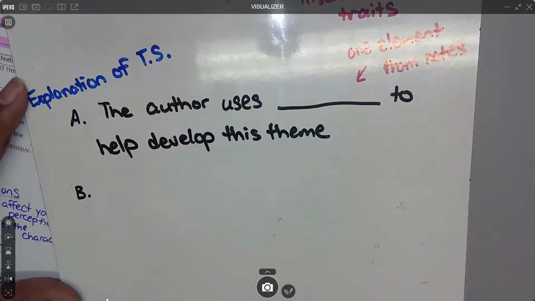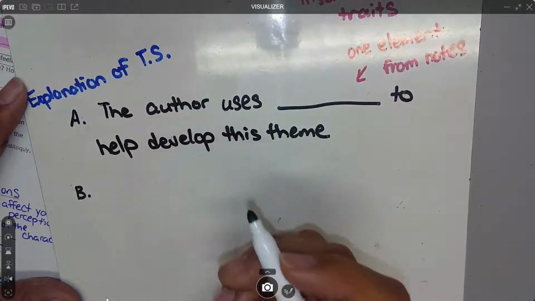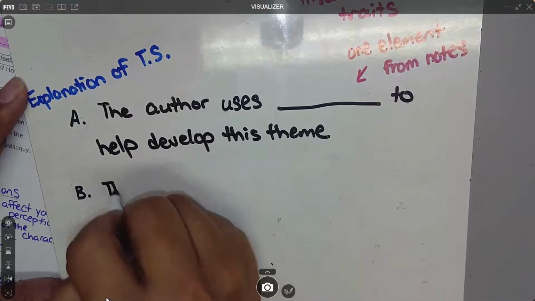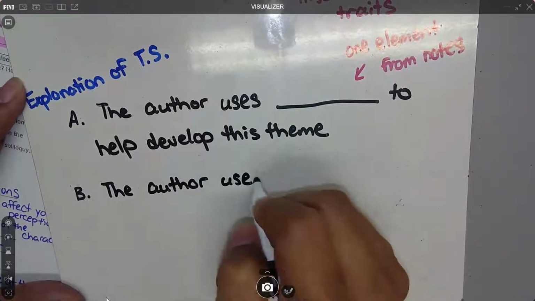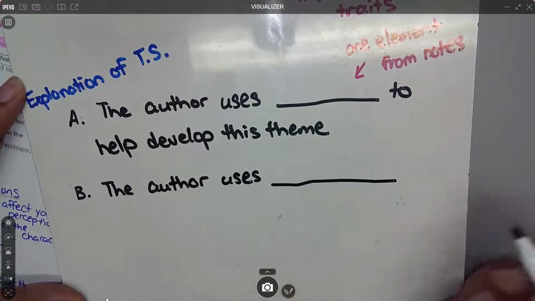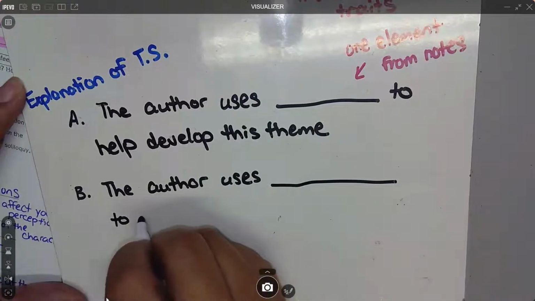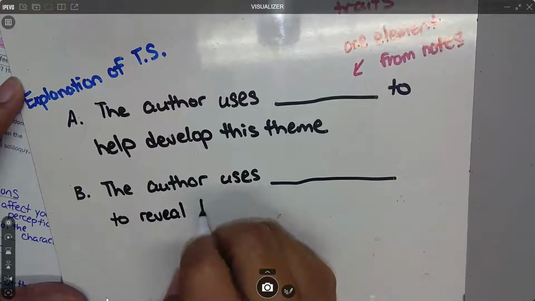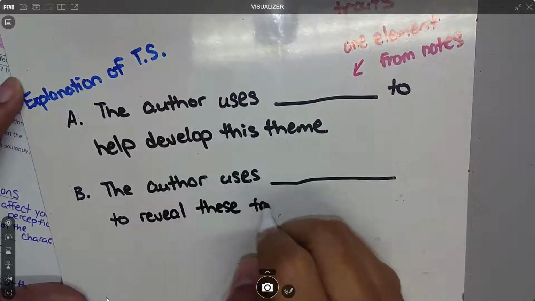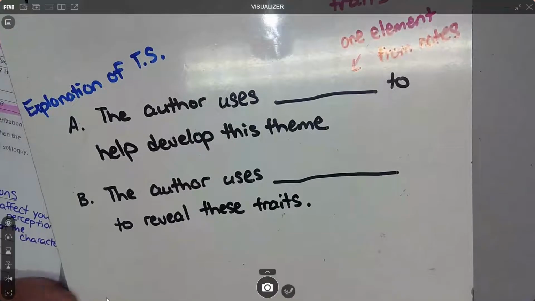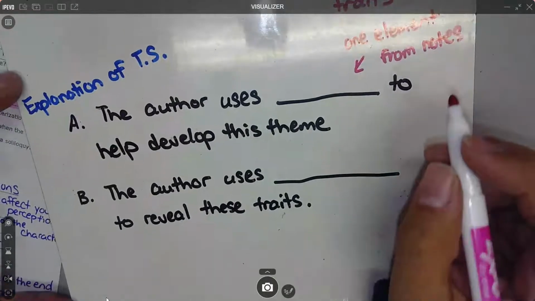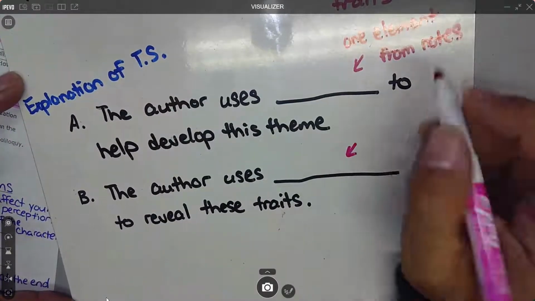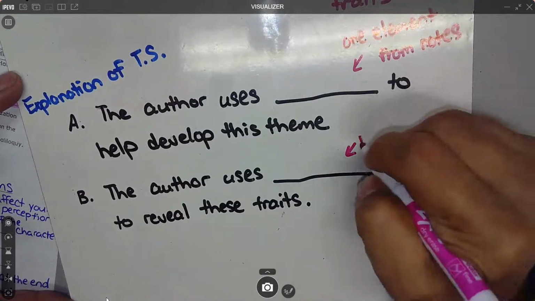For the prompt on characterization, prompt B, you would say the author uses blank to reveal these traits. And then you would put in the blank the methods of characterization used by the author to develop or reveal the traits.